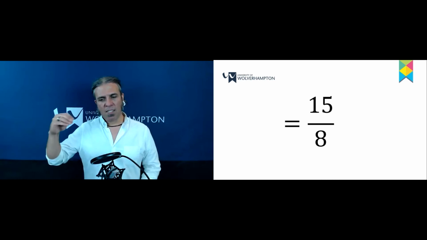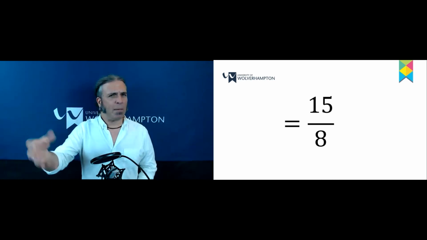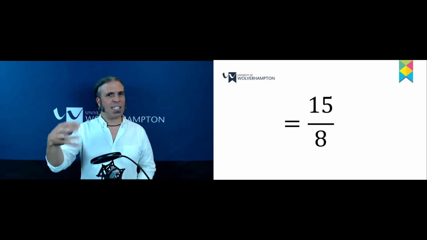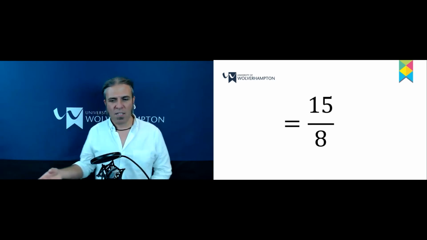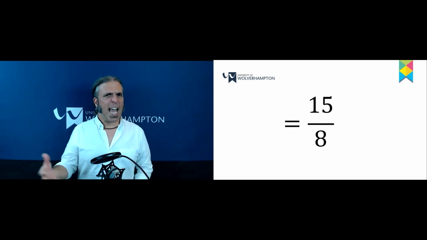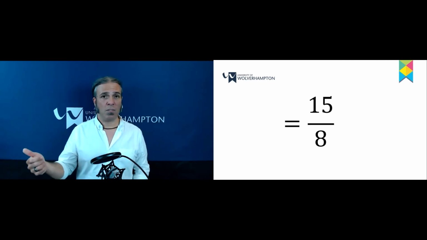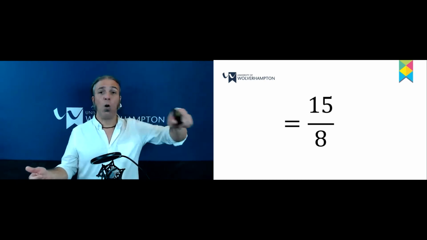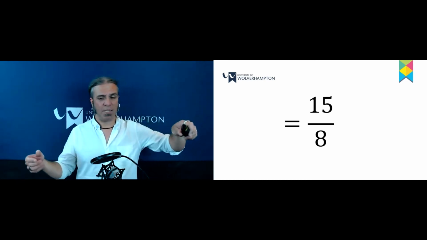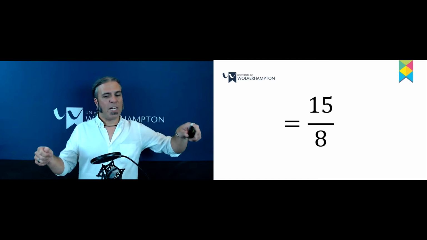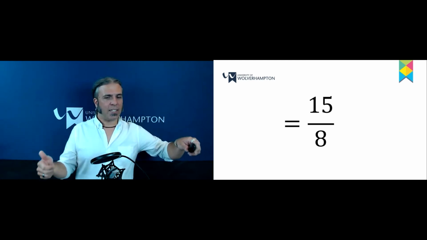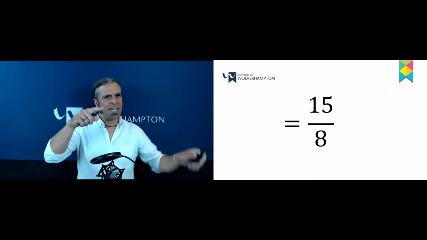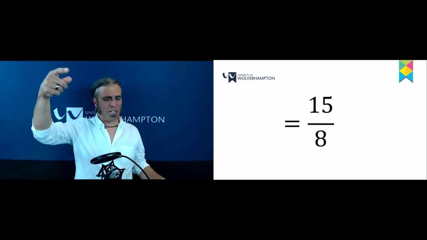All I've got to do is a little bit of division, and you've just got to consider how many 8s are in 15. We can't have 2 because that would be 16. So there's 1. I've got one whole number, so that's 1 and something. We know we've got 8, so it's 1 and then so many 8ths.